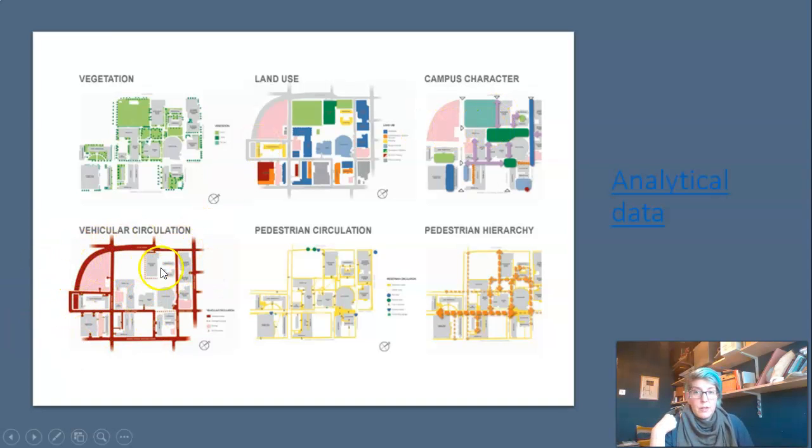This one shows the main vehicular circulation, so where the traffic is in terms of vehicles. This one shows pedestrian circulation, so the kind of key areas in terms of walking. This one shows a hierarchy, so these are the main routeways for pedestrians that are in the heavier arrows, and the lighter arrows show the sort of secondary and tertiary pedestrian ways.